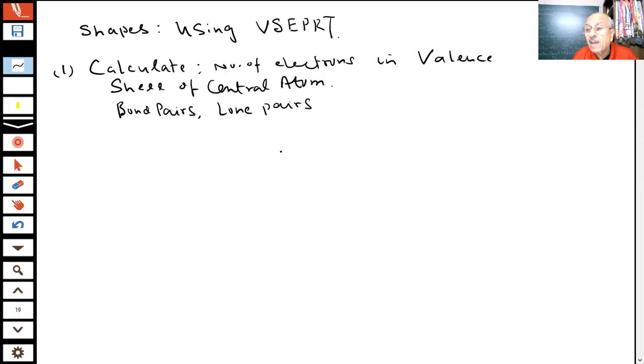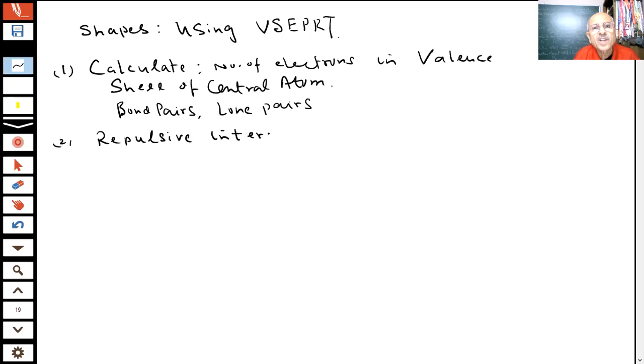One electron pair will have two electrons, students, and we said these electrons repel each other. The repulsive interactions have been calculated already.